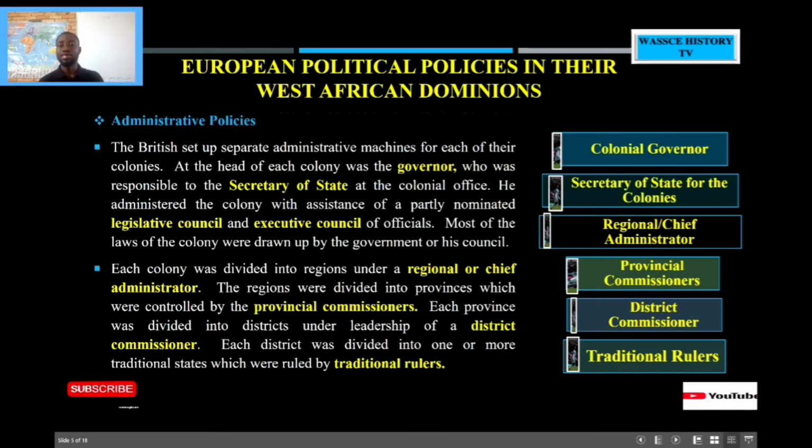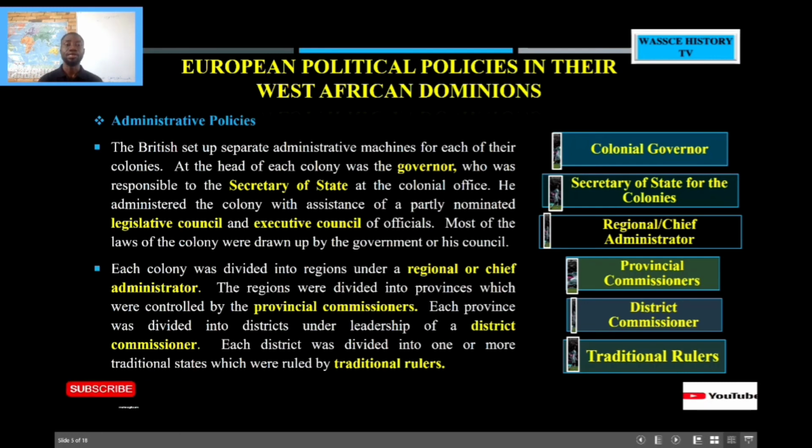Now, the colonial governor did not rule alone. He ruled the colony partly with some legislative council and some executive councils who were appointed later on. And most of the laws of the colony were drawn up by the government and by his council. Again, each colony was divided into regions or chief districts, with chief administrators.